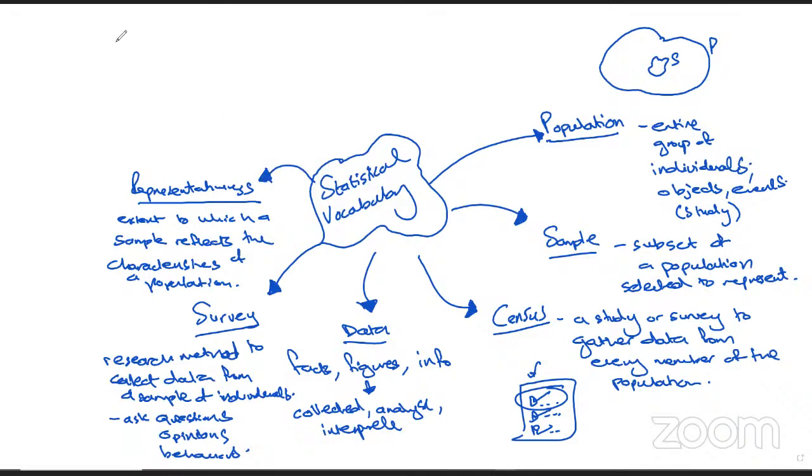All right, then we got the word bias and unbiased. Bias refers to any systematic error. It sounds like unfair. Bias is unfair, right? So it's some kind of systematic error. Some error in the system.